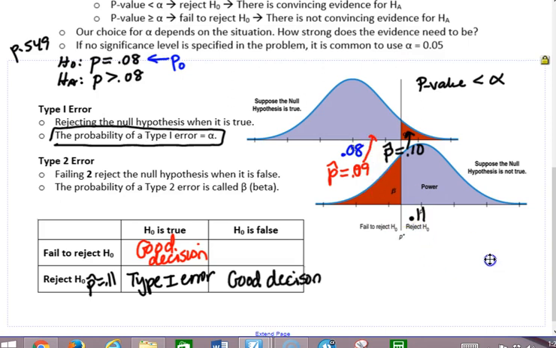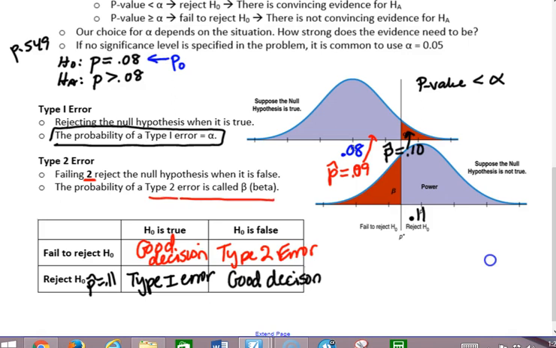So I made what's called a type 2 error. The type 2 error is failing to reject the null hypothesis when it's false, and the probability of a type 2 error is called beta.